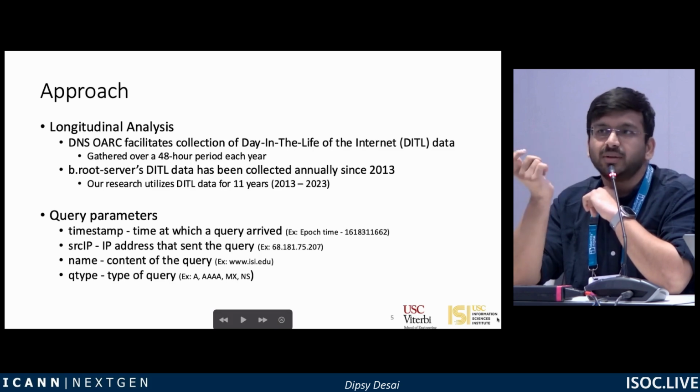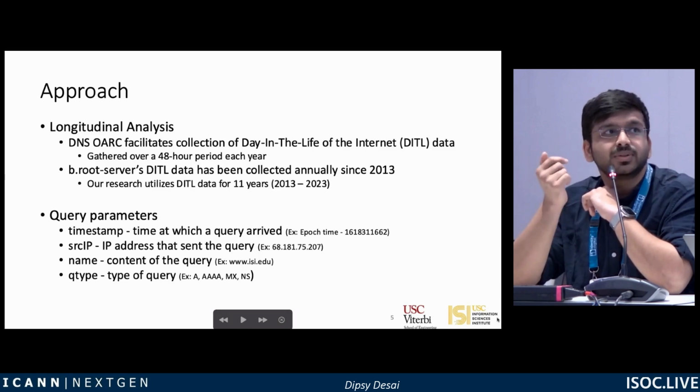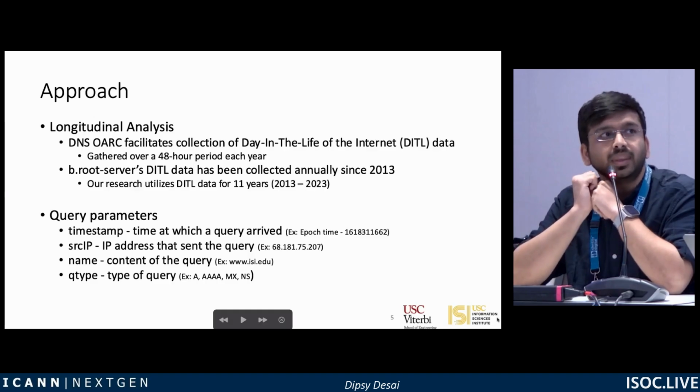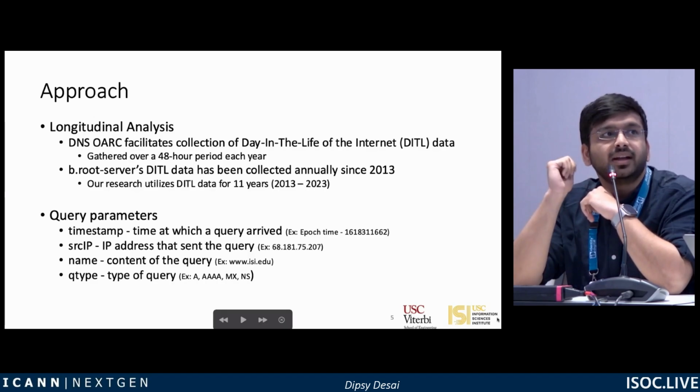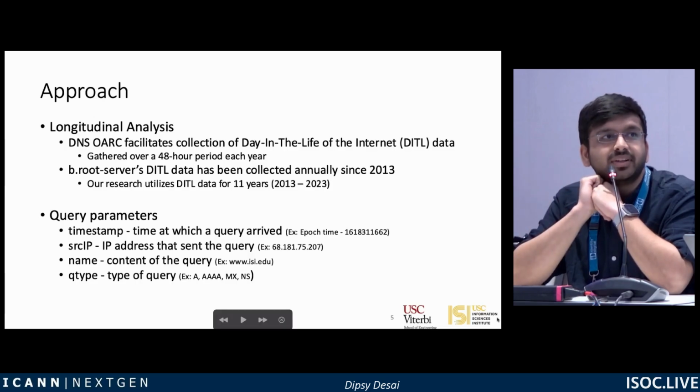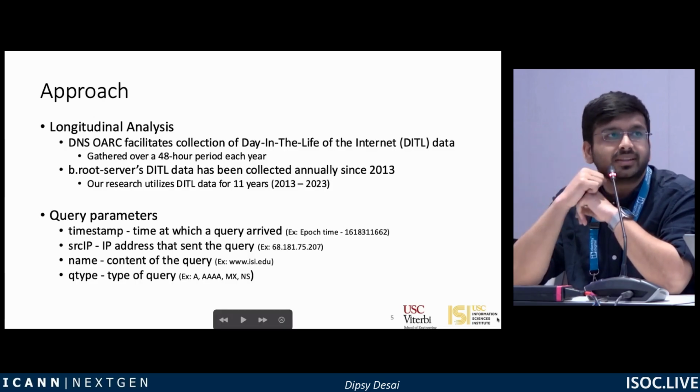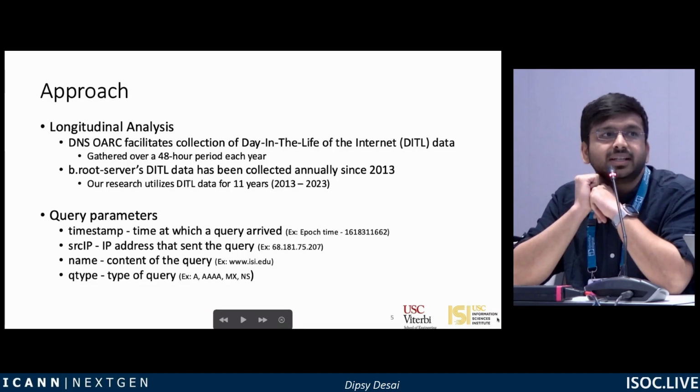This data is available on demand. Anyone can place a request to DNS-OARC to get access to the data. b-root has been participating in this effort since 2013, and our research is based on data for 11 years, starting from 2013 until 2023.